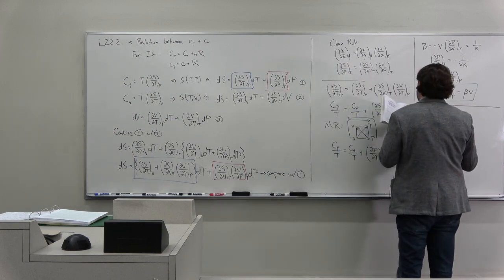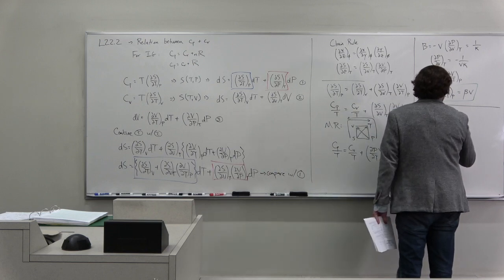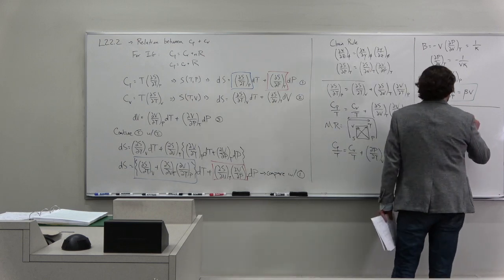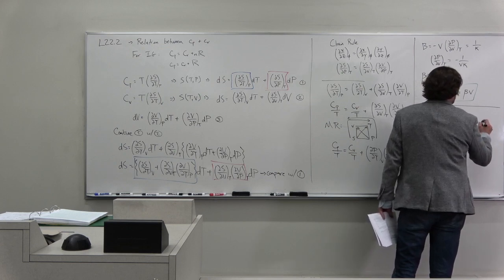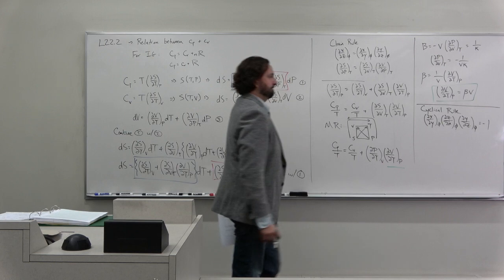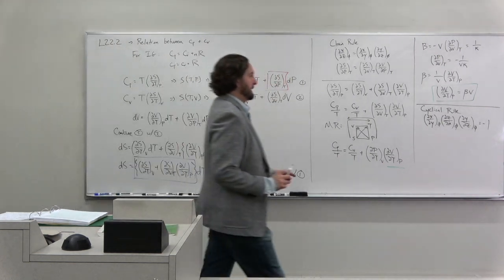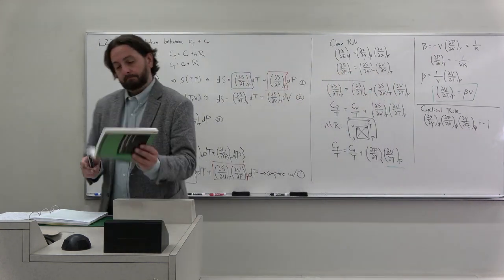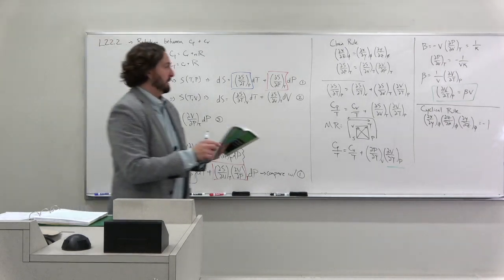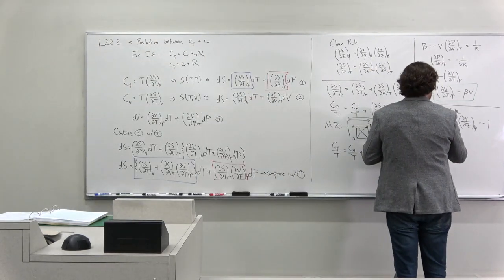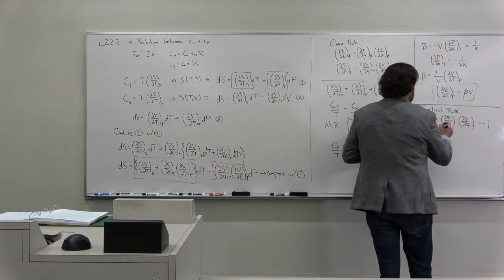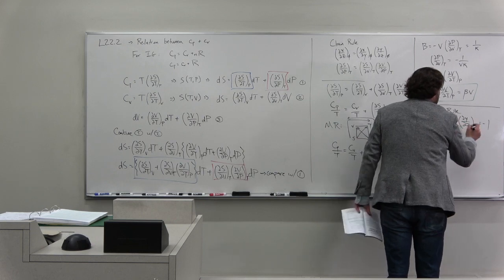And then this one will be partial z, partial x at constant phi, and partial y, partial z at constant phi equals -1. Kind of think about this as, you know, these are all at constant phi, right? That's the big difference between the chain rule and the cyclical rule, is that this one's z, this one's y, and this one's x.